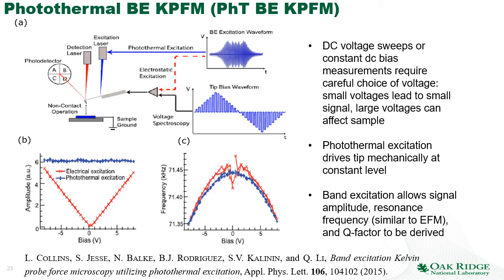At the same time, if we use the large DC biases, then we start to have the nonlinear interactions because of the additional electrostatic forces, cantilever position changes, nonlinear screening, and so on and so forth. In comparison, if we use the photothermal excitation, then our excitation force is constant and does not depend on the proximity to the nulling potential.